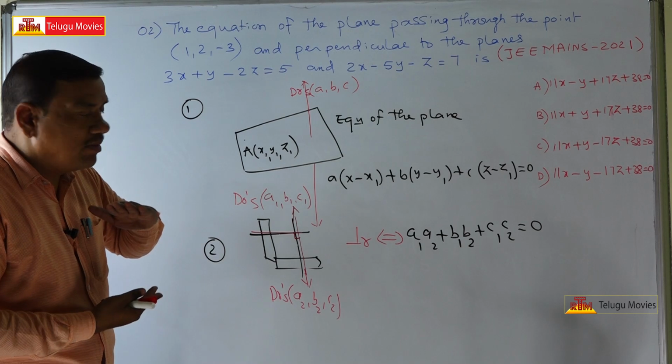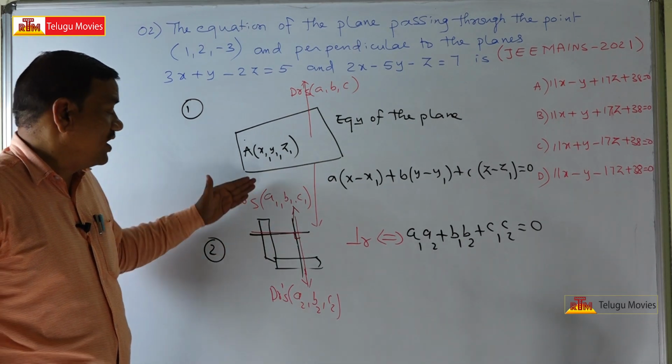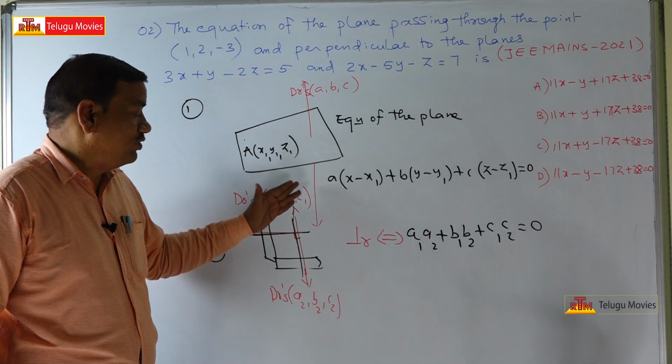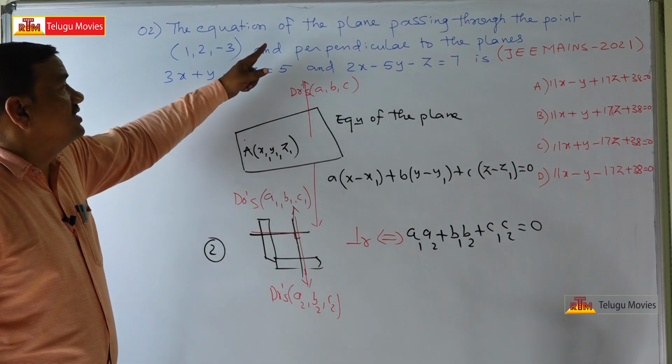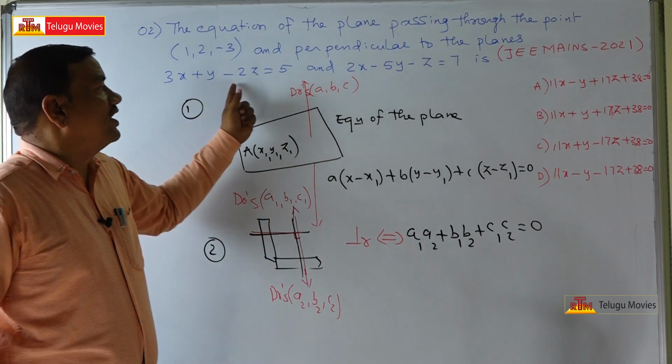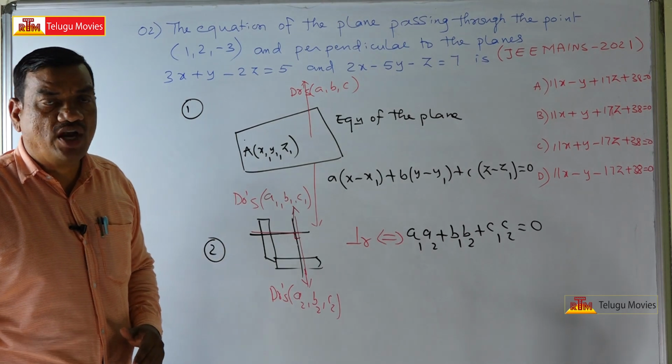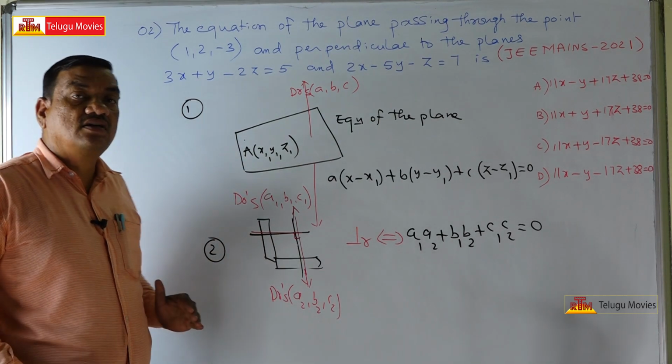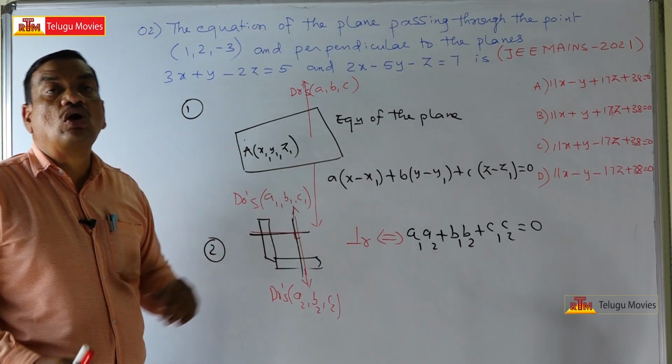If they are parallel, we have a1 by a2 is equal to b1 by b2 is equal to c1 by c2. But here it is said that this plane is perpendicular to the remaining two planes. So if you know these two basic concepts, we can easily solve this problem.